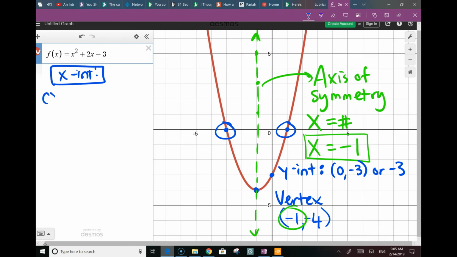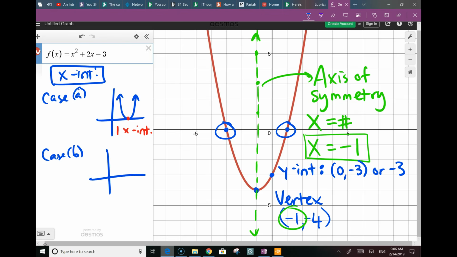So the other case would be if we have a parabola that hits the x-axis only one time. And if it hits it only one time, then we have only a single x-intercept. So one x-intercept. The other case, the final case, is where we have case B. We have a parabola that is either floating right above the x-axis or it is hanging below the x-axis.